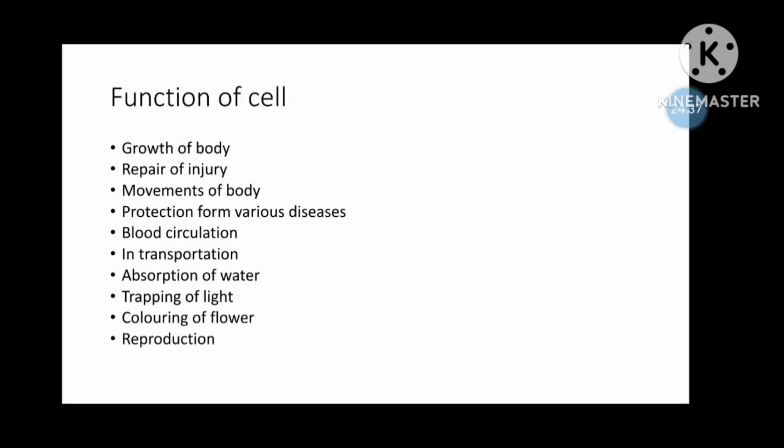Next, protection from various diseases. Various cells are present in our body which protect us from various diseases, like WBC. WBC is called the defense cell of your body, which protects your body from various diseases.